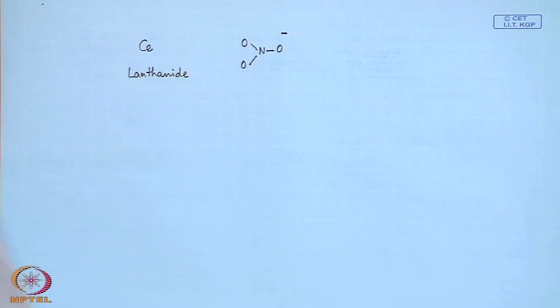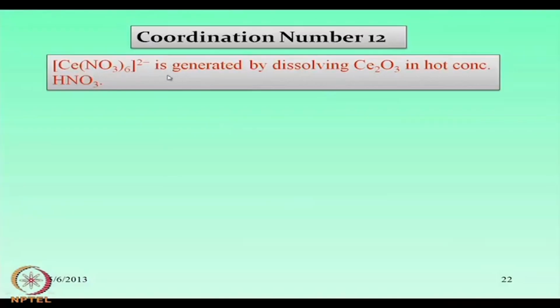So, 6 such nitrate groups can surround the cerium center, which is in +4 oxidation state and can be very easily generated from the trivalent compound of cerium, cerium oxide, Ce2O3.